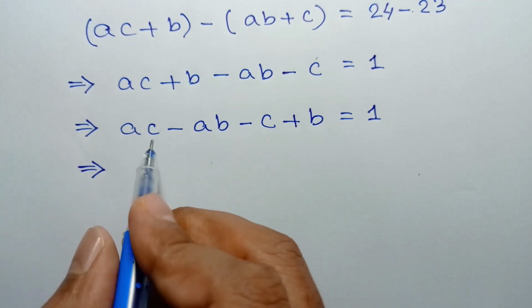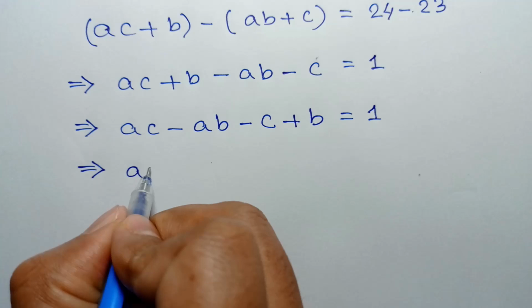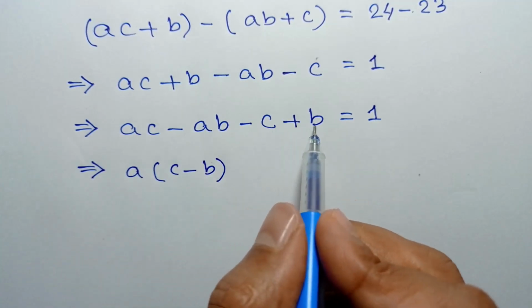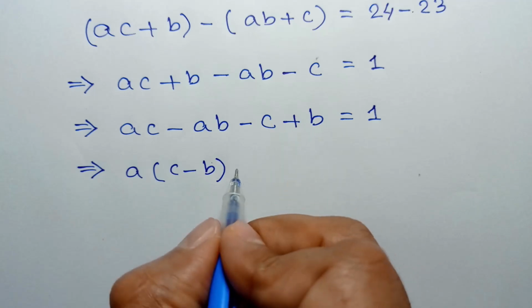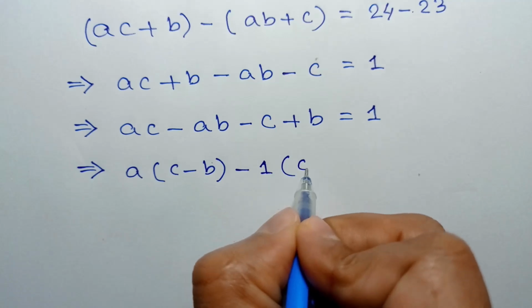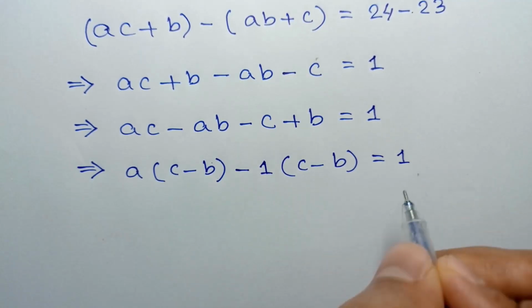Taking common A from the first two terms, we can write A times (C minus B), and taking common negative 1 from the last two terms, we can write negative 1 times (C minus B) is equal to 1.